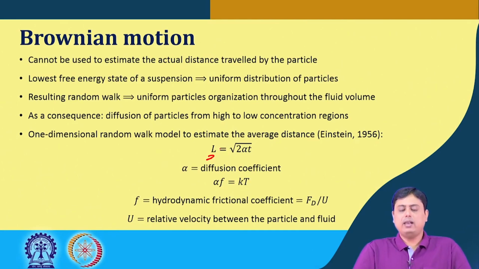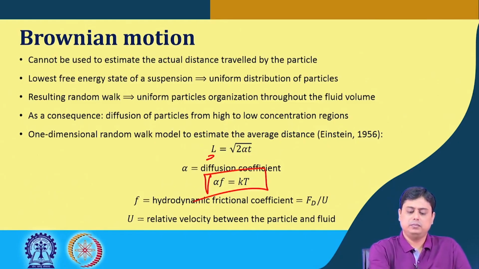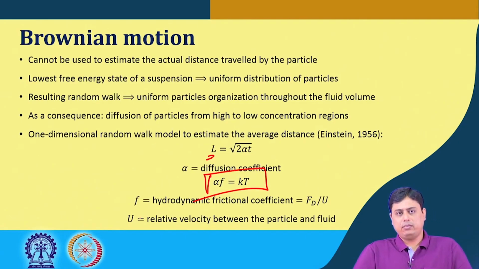He further developed a relation between the hydrodynamic frictional drag and this alpha, the diffusion coefficient, which is proposed in this manner: alpha f, where f is the hydrodynamic frictional coefficient, which is Fd by u, equals the Boltzmann constant multiplied by the temperature in Kelvin.